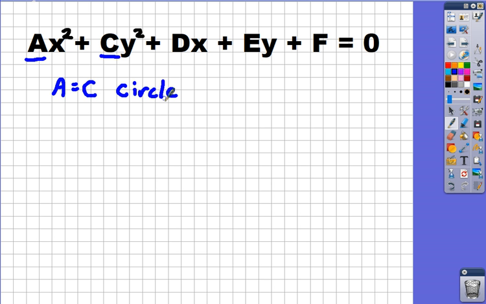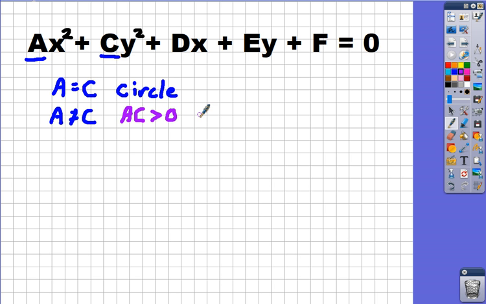So that's pretty helpful. As long as A equals C, you've got a circle. But if A does not equal C, well, then you have either an ellipse or a parabola. And it really is going to come down to this fact. If A times C is greater than 0, meaning it's positive, they're both the same sign.